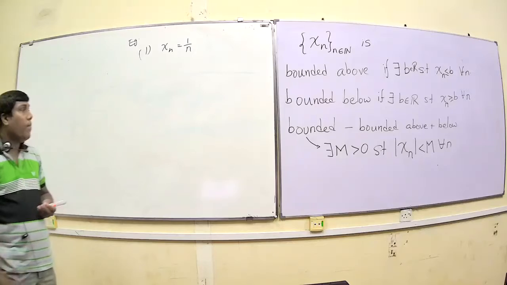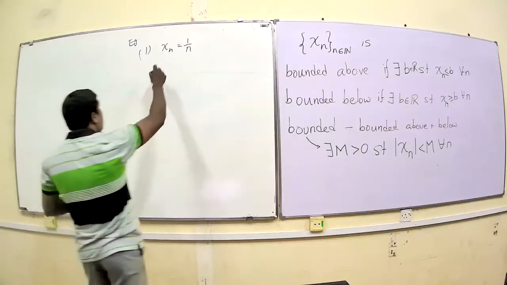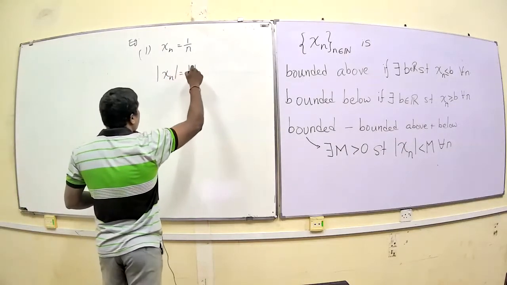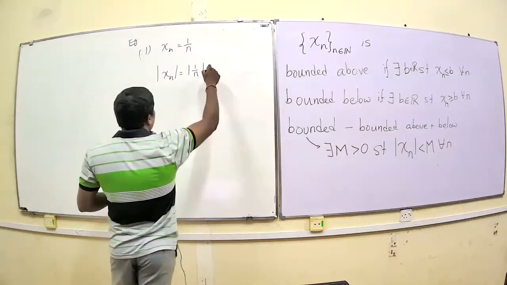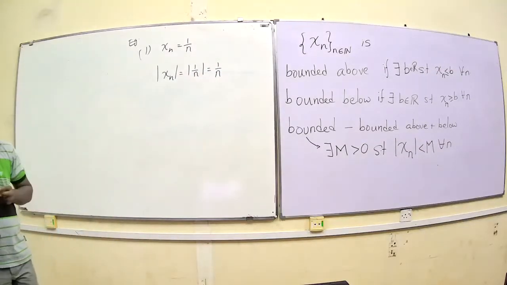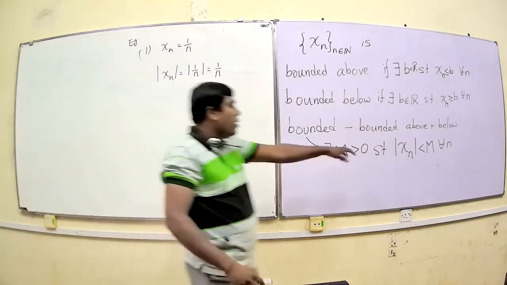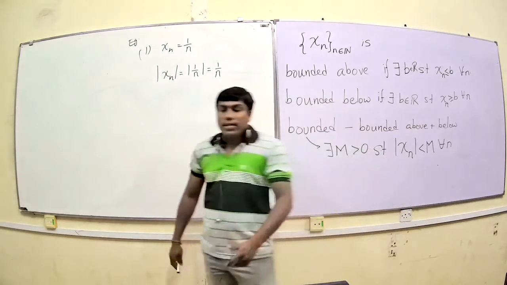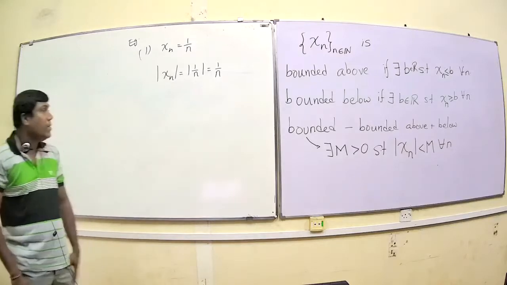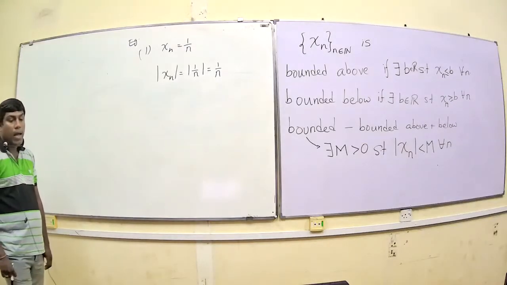You know that the absolute value of xn is the absolute value of 1 upon n, that is 1 upon n.